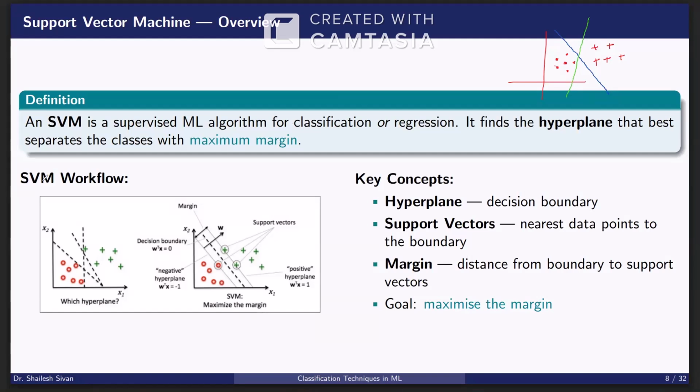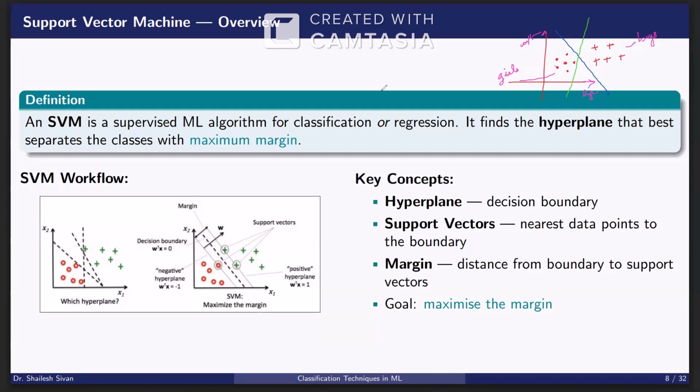Because see, if we label this as girls, and the features are height and weight, girls are having less height and less weight, and these are boys. Boys are having more weight and height.